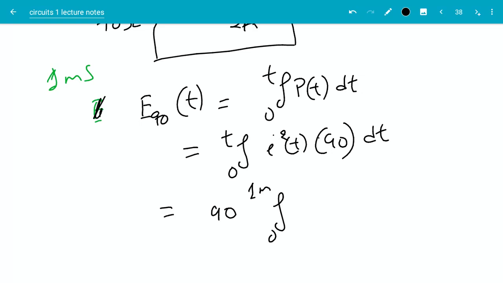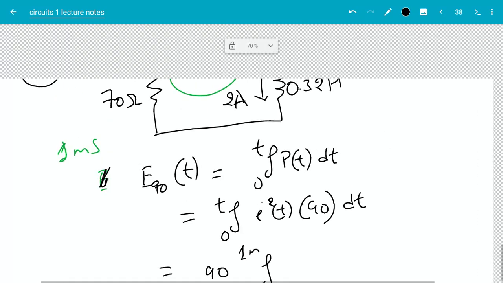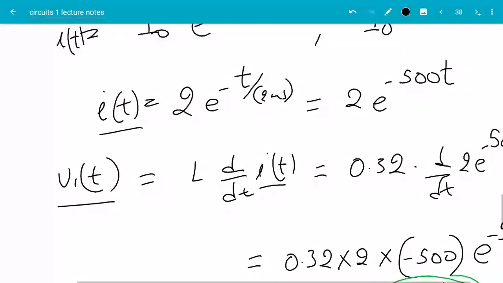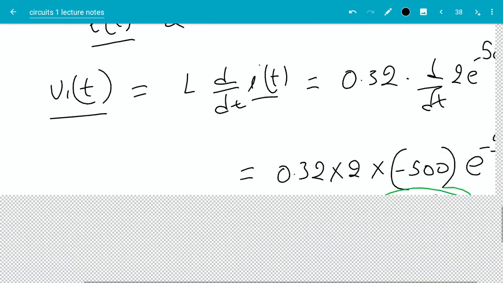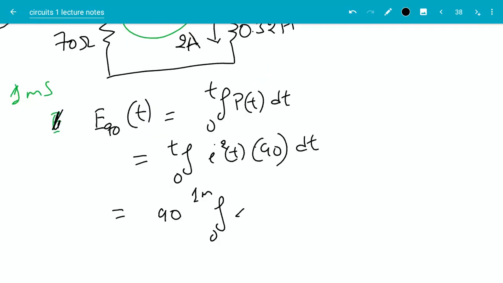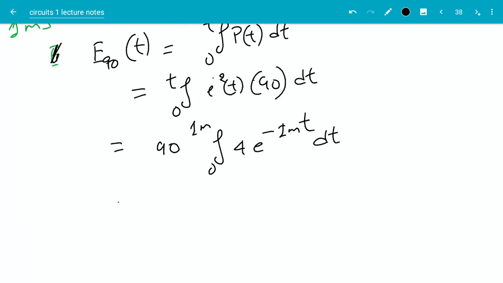We just saw I is 2 times e to the minus 500t, right? So if you put that here, that would be 4 times e to the minus 1000 t dt. So this should be equal to 90 times 4.